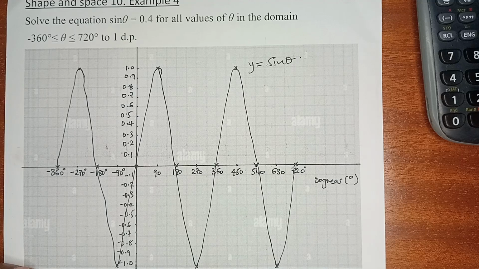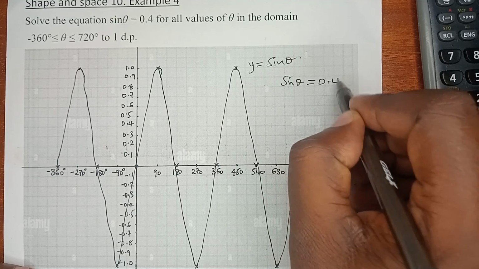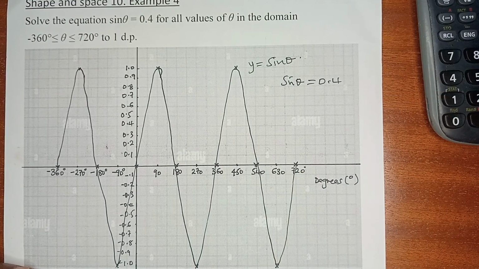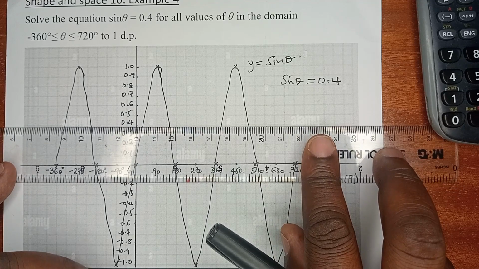Now, we are supposed to solve the equation sine theta equals 0.4 using this graph. It is very important that we know how to get this using the graph. Of course, we should plot the two graphs on the same set of axes. Now that we have the graph of y equals sine theta, we should come up with the graph of y equals 0.4, which is a straight line, horizontal along that line.